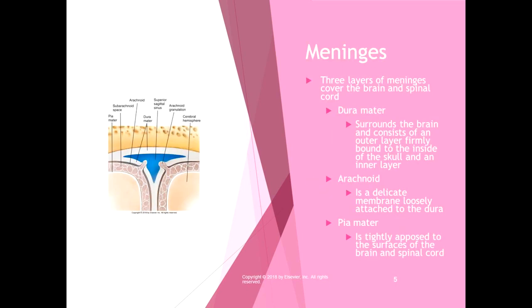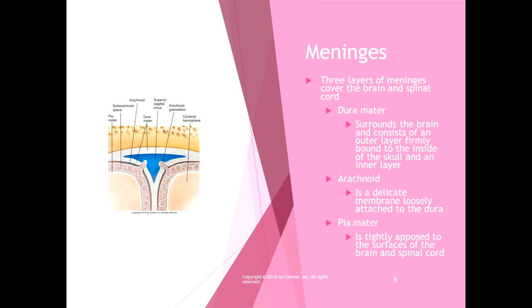The meninges, they're the 3 layers of the brain covering the spinal cord. The dura mater surrounds the brain and consists of that outer layer firmly bound to the inside of the skull, and an inner layer. The arachnoid is a delicate membrane loosely attached to the dura, and the pia mater is tightly opposed to the surfaces of the brain and spinal cord.